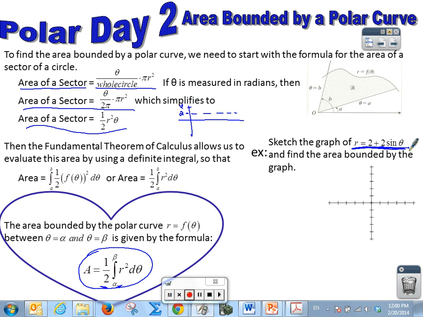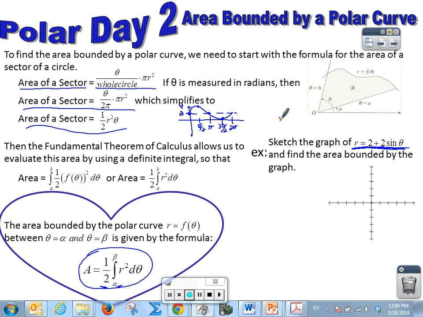Regular period, so we would have our regular pi over 2, pi, 3 pi over 2, and 2 pi. And it's sine, so it's going to start at the axis, and then go up, and then down. Okay, so here would be our graph.